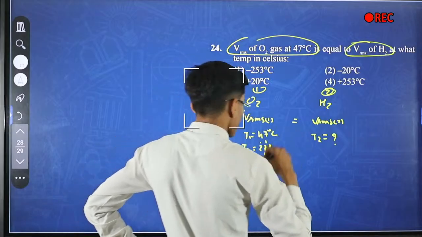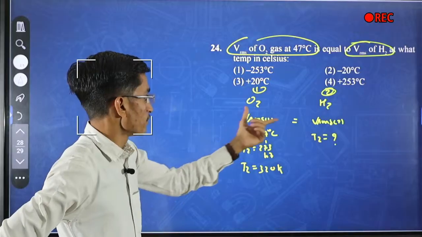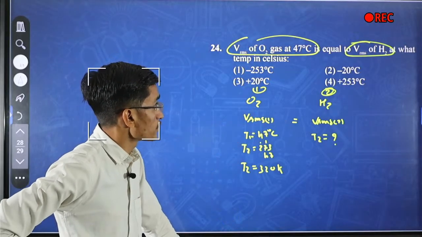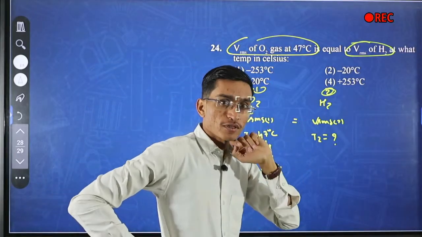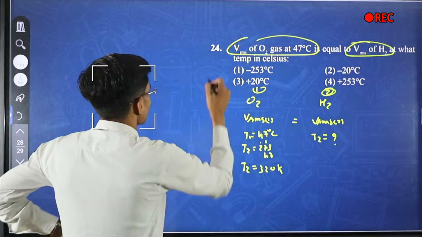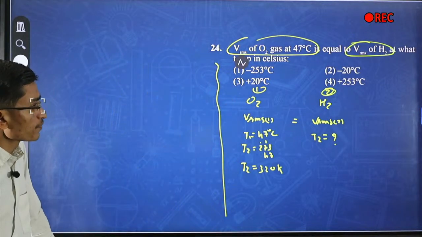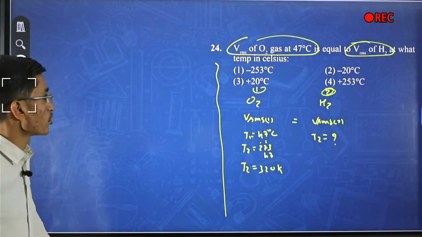Okay. So temperature of oxygen is given, VRMS of both the gases are same, and we have to calculate temperature of hydrogen. For that, VRMS of both gases will become same. So from this equation, we have to write RMS speed formula.